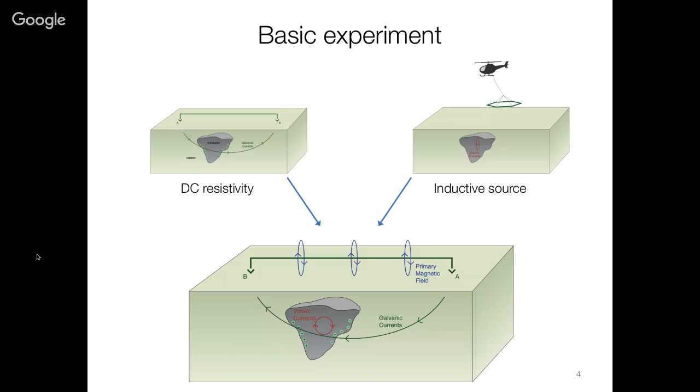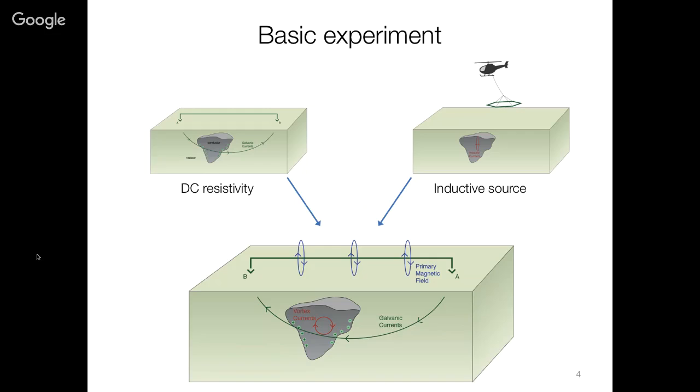So that was our survey there. And we also did an inductive source. So now we've got a different part of physics going on. We get currents in here, but there are no charges on the boundaries, at least if this is very resistive. So it's a different physics that has generated that.